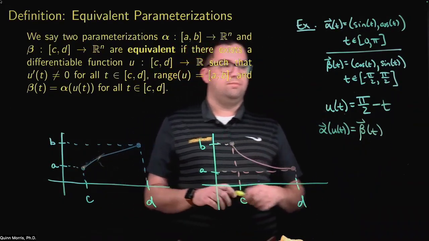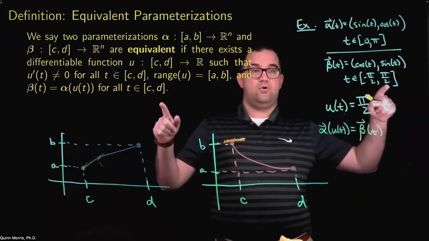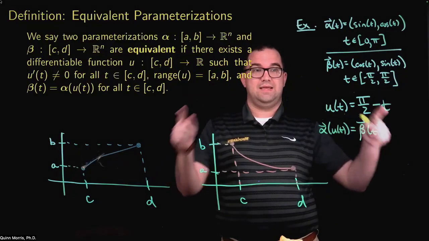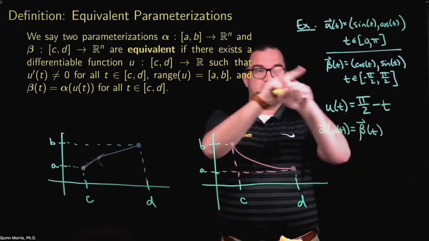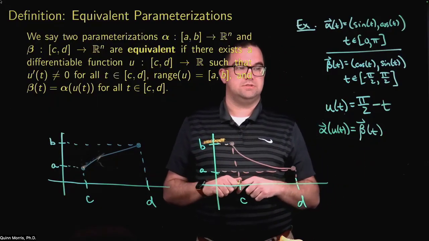Okay, so these are, in fact, equivalent parameterizations. In this case, even though they start at opposite ends, they each just carve out the curve one time. They just happen to be moving in opposite directions.